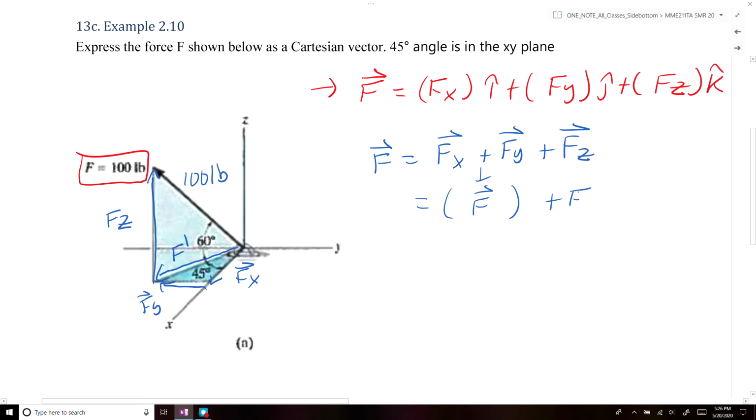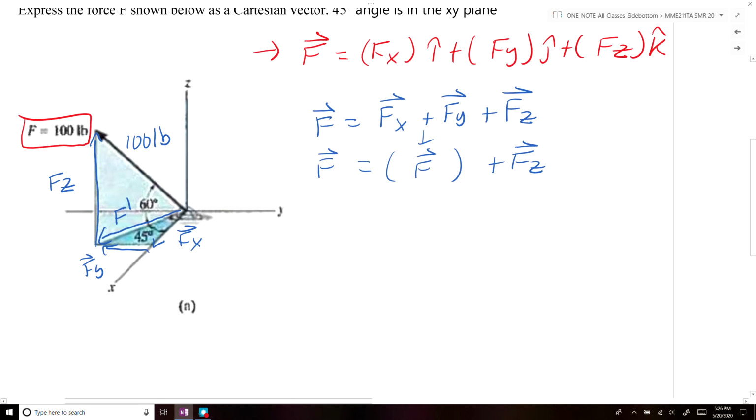So let's use some basic trigonometry and solve for each of our vectors. The magnitude of Fz is going to be equal to the hypotenuse of our triangle, which is 100 pounds, times the sine of 60 degrees. The opposite over the hypotenuse must be equal to the sine of our angle, which in this case is 60 degrees.